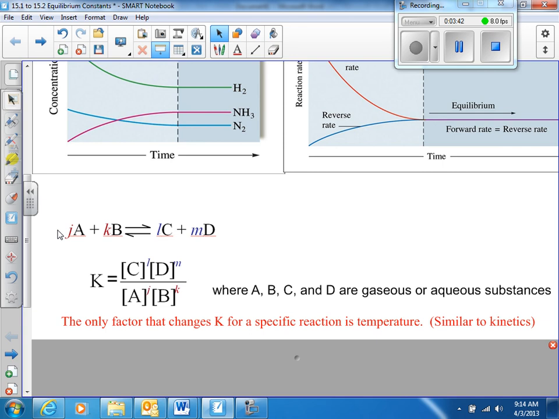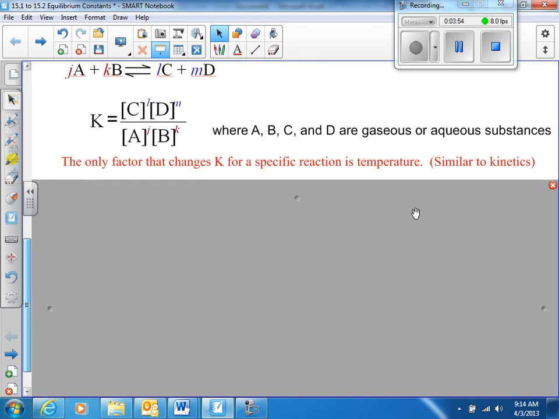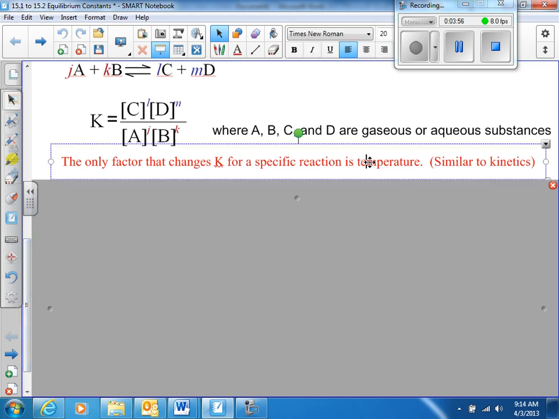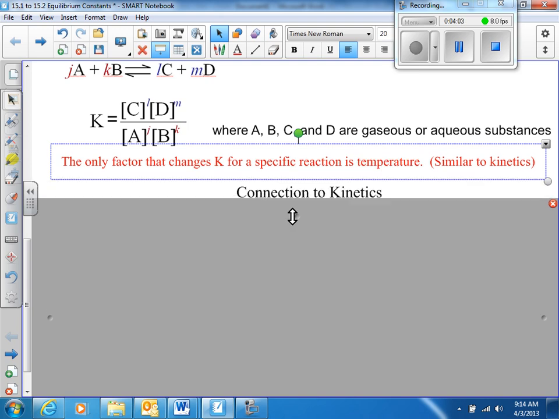The reaction will proceed to get back to equilibrium if we change any of the concentrations of the products or reactants. So temperature, really important right here, the only thing that affects the equilibrium constant is temperature.